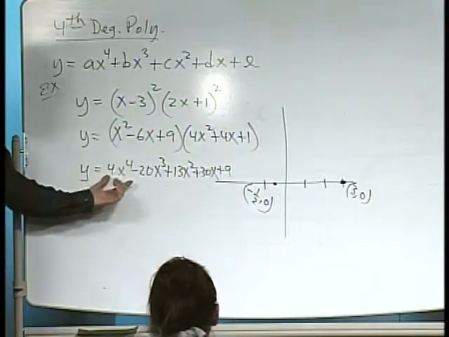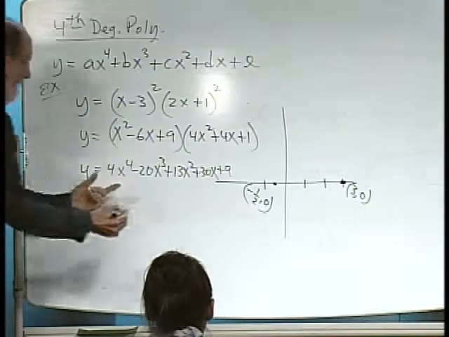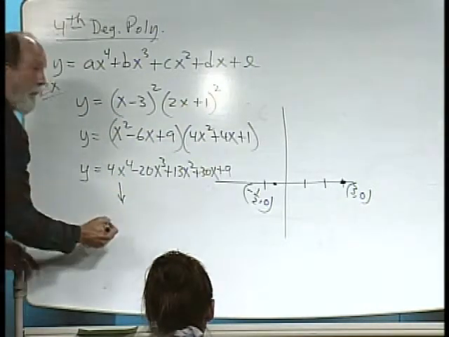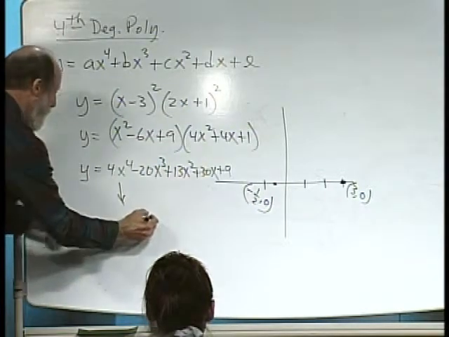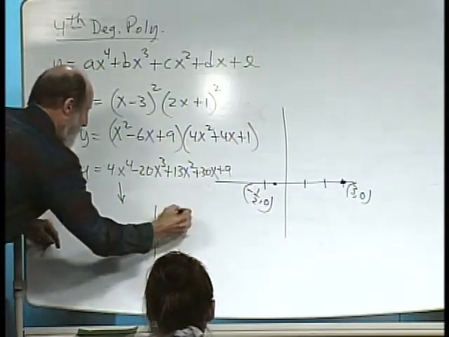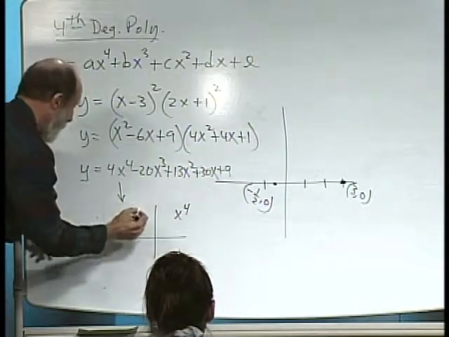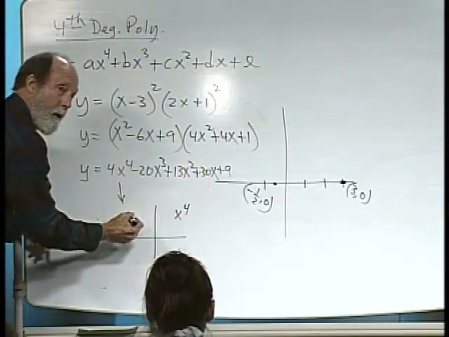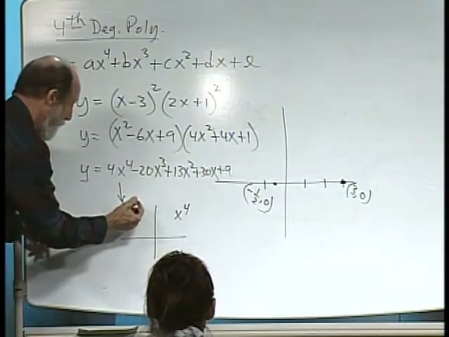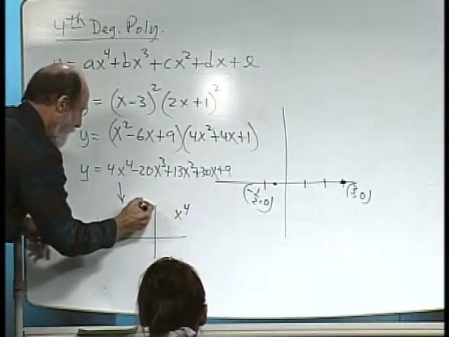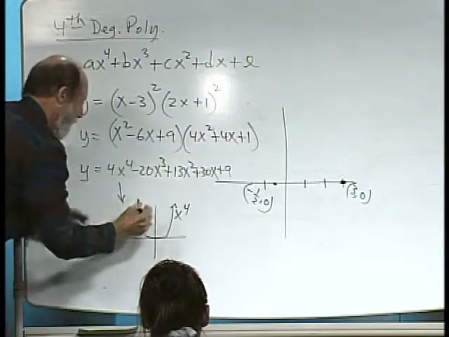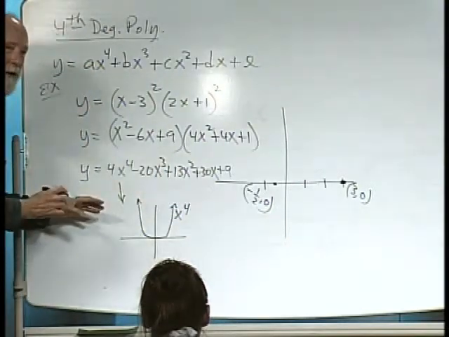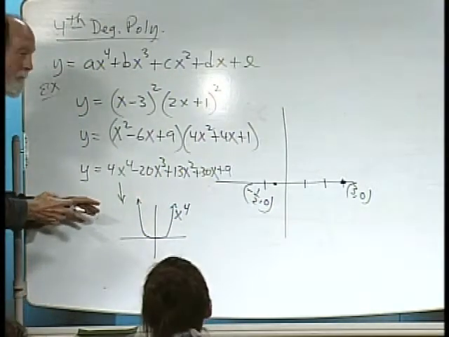Do you see the general character, folks, here? Look at this leading term. It looks like an x to the fourth, which we're familiar with. Is that the W one? Up left, up right, right? And very U-shaped, right? Nice and smooth, though. Smooth, but very U-shaped, right?